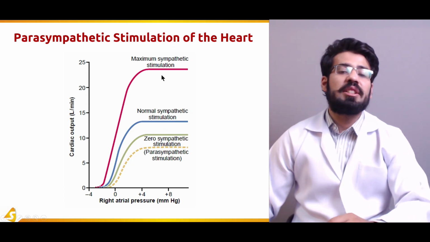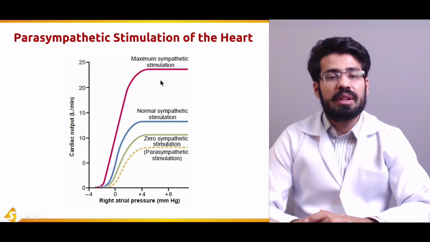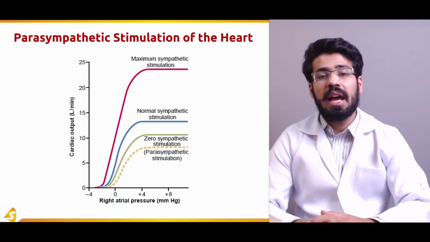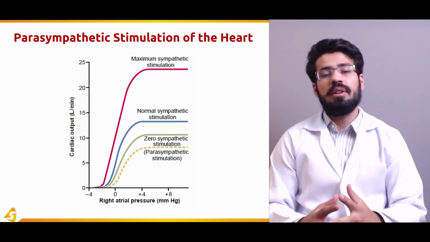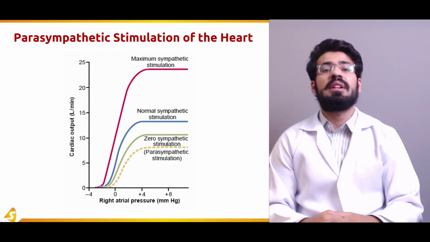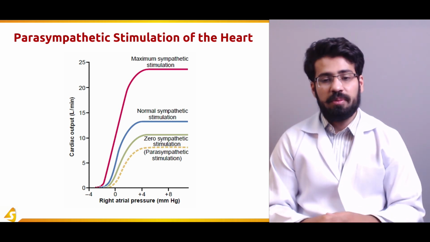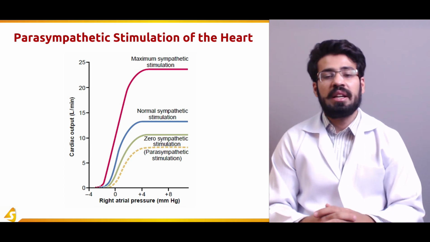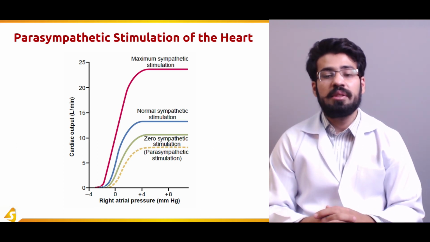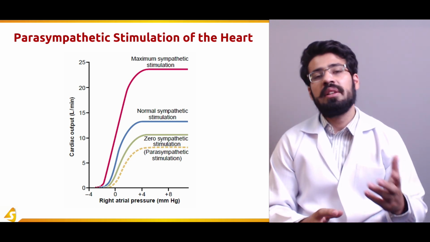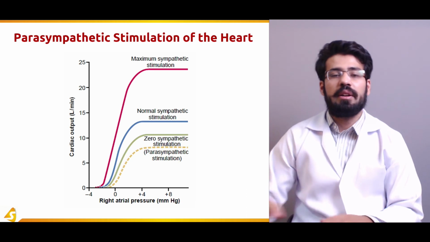In case of the maximum sympathetic stimulation that we discussed, which can increase the heartbeat from 70 to 180 to 200, and even sometimes to 250 beats per minute, because the stimulation from the sympathetic nervous system is maximum, it will cause the flow of blood to be about 23 to 24 liters per minute.